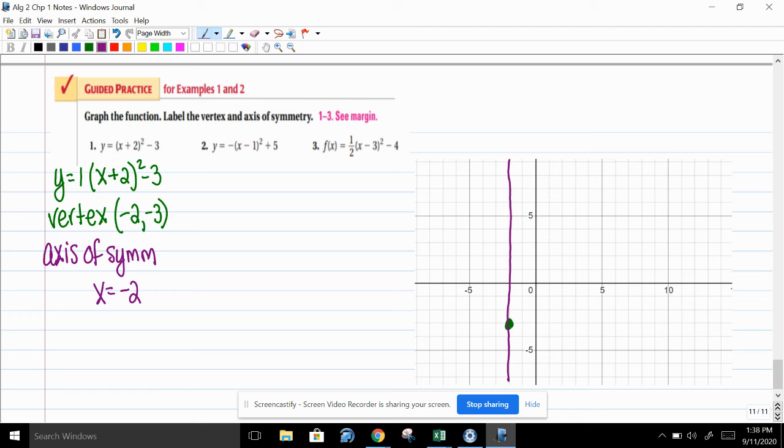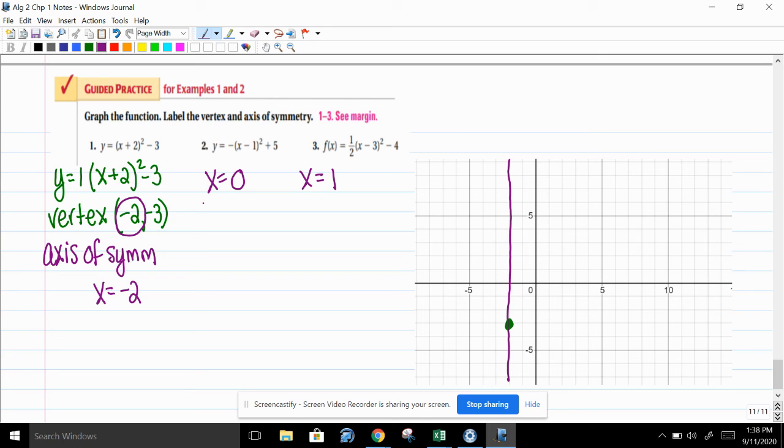Then I'm going to pick 2 more values of x. Being that I don't have a fraction in this problem, I don't need to be nervous about what values I pick for x. I just stay away from negative 2 because it's the vertex. So I'm going to use 0, and I'm also going to use 1, and then we're going to use those points to flip them over and make other points.